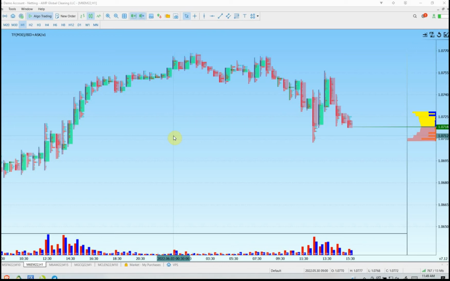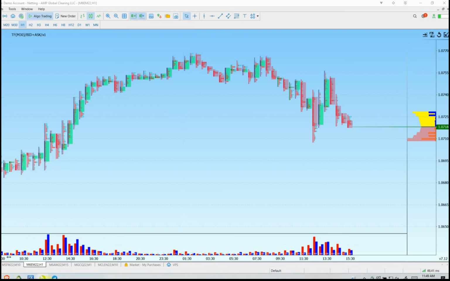But I wanted to talk about using footprint charts or cluster charts, depending what you call them. It's the same thing. To potentially use in your trading. Now, let me just say quickly, on the surface, what footprint charts and cluster charts attempt to do is look inside the candle.